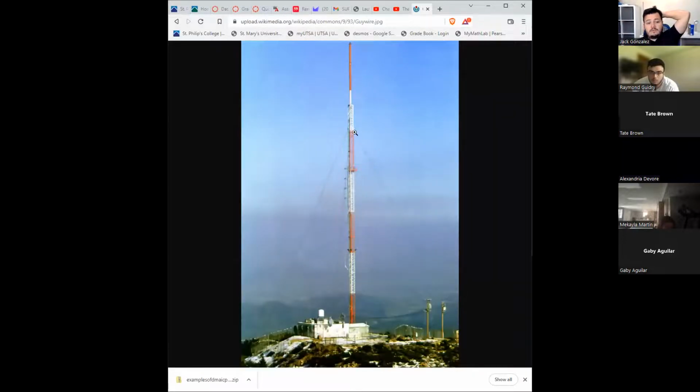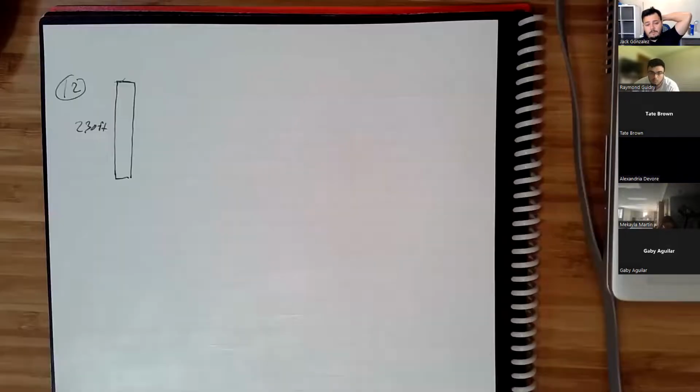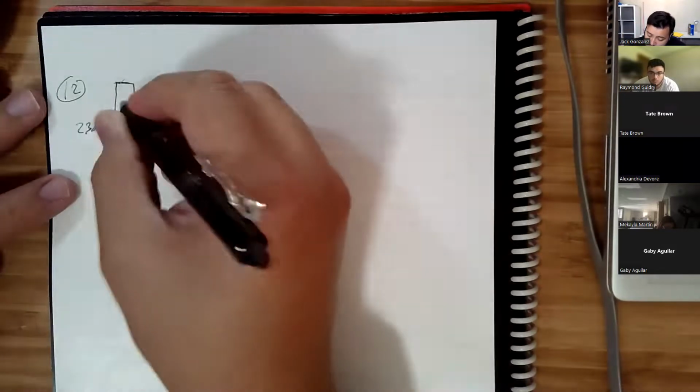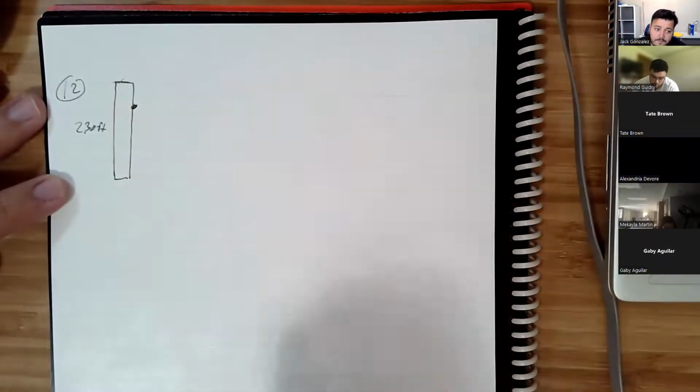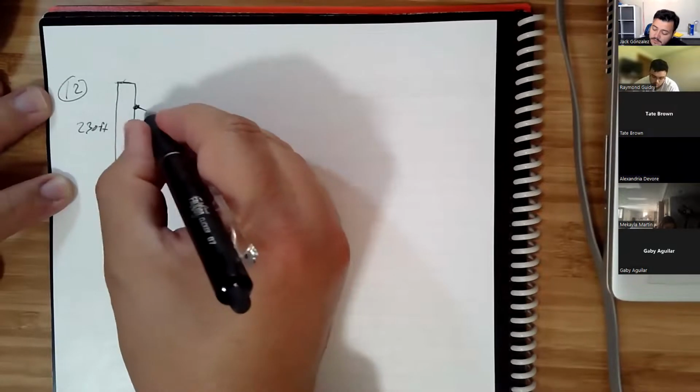It's not at the tip. Okay. That's what a guy wire is. So I'm picturing the wires right here somewhere. It comes down all the way to the ground.